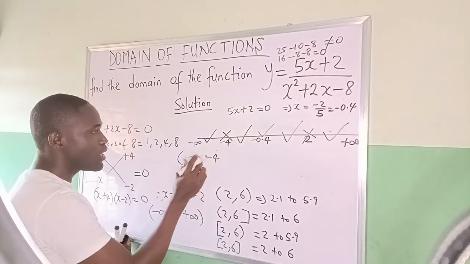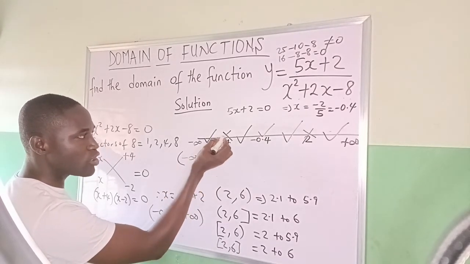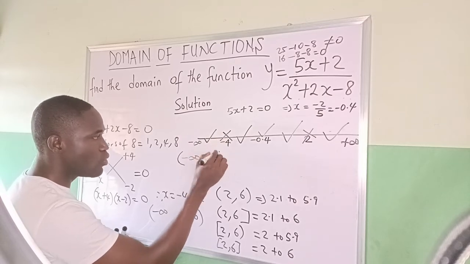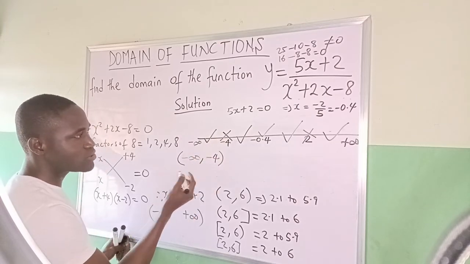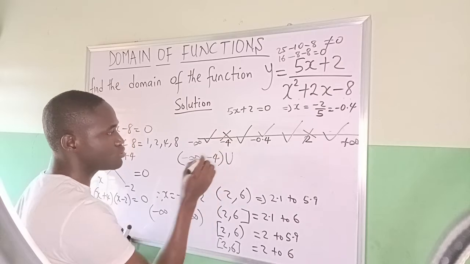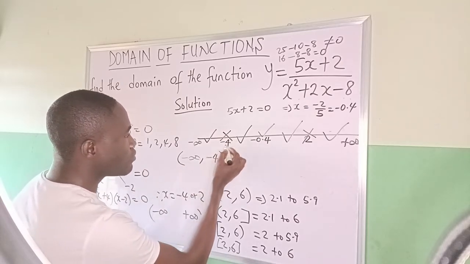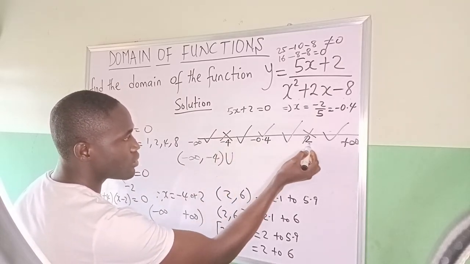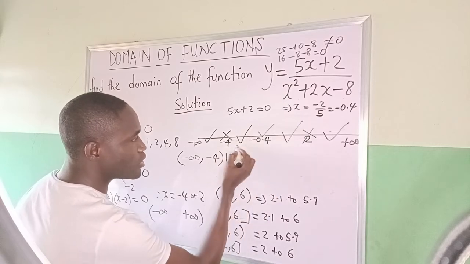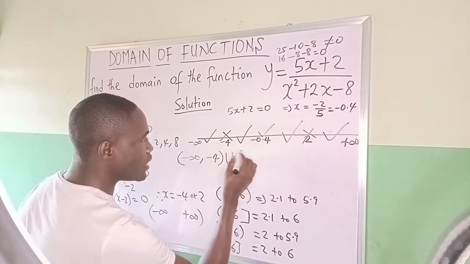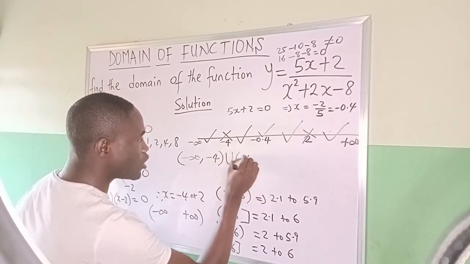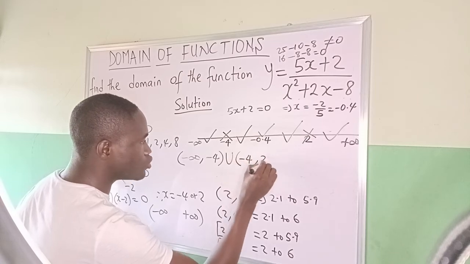Then I will say this is not included because of bad. We put an open bracket. We now say union. From here to here are not included, but the numbers in between them are included. I will now say minus 4, comma, 2.